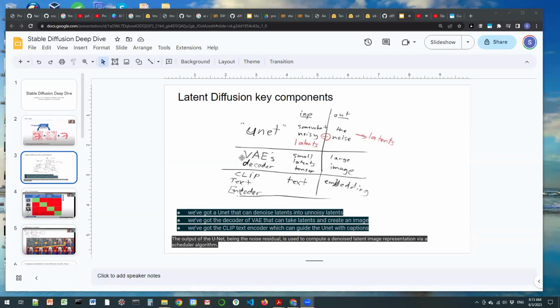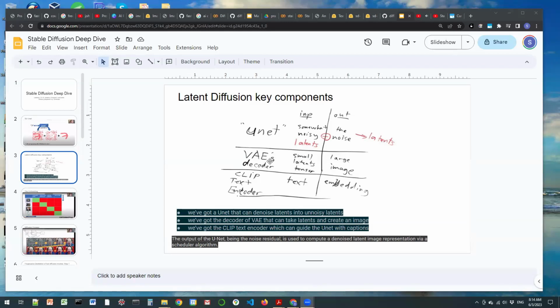The role of the VAE, which is the variational autoencoder, is twofold. If we are using it in training, then it's used to generate the latent. So the VAE's encoder, in the case of training, is what is used to generate the latent.